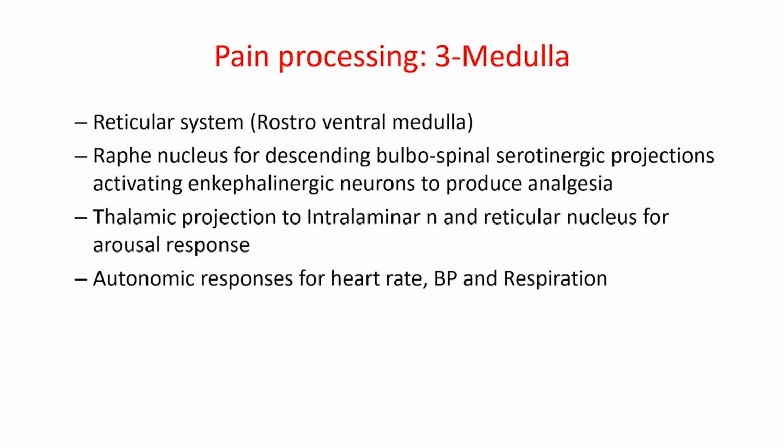In the medulla, the pain processing is primarily to keep the person aroused and to have the autonomic responses. So that means the first relay is into the rostroventral medulla, that would give to raphe nucleus, the raphe nucleus that sends a descending input to the dorsal horn neurons in the spinal cord. These are analgesic projections. They will try to prevent or block the sensory inputs.